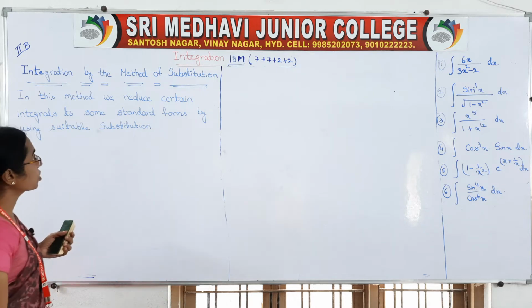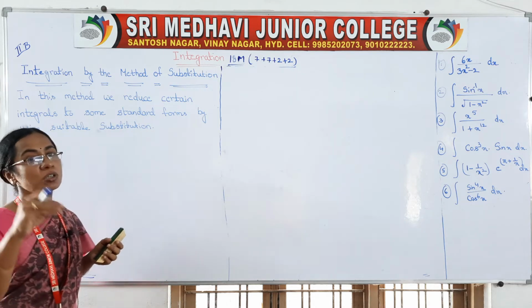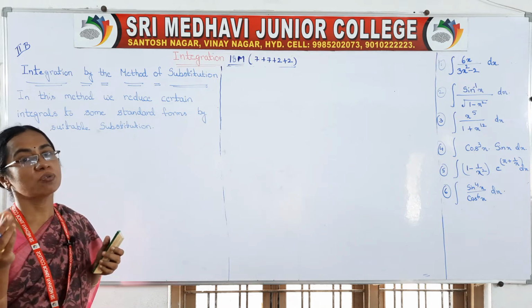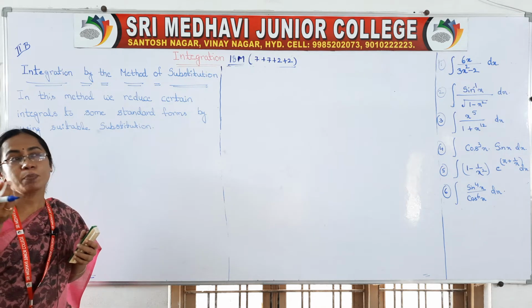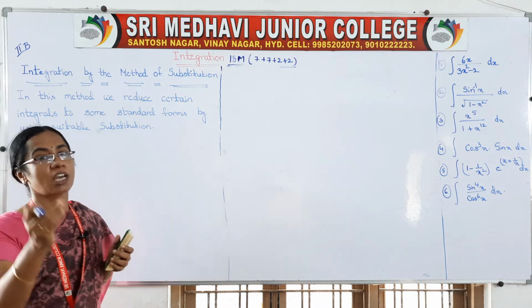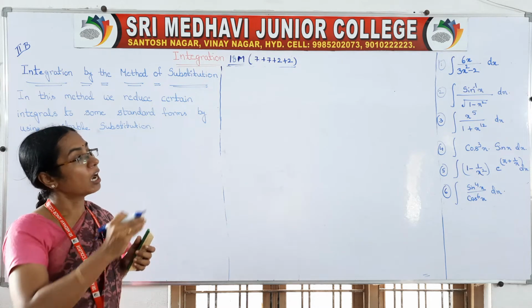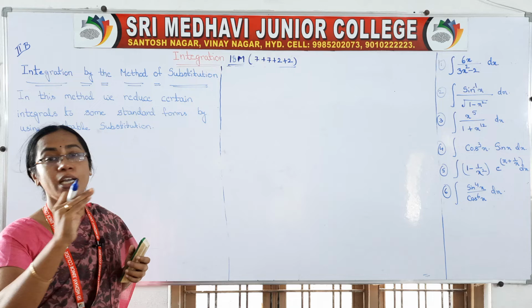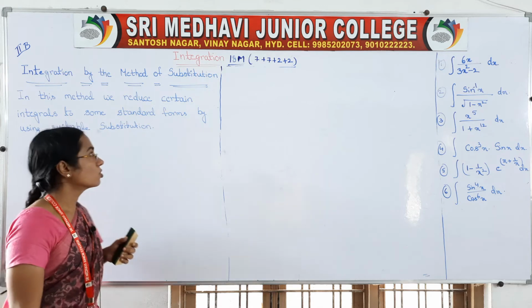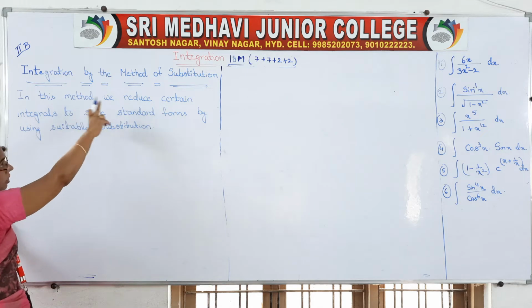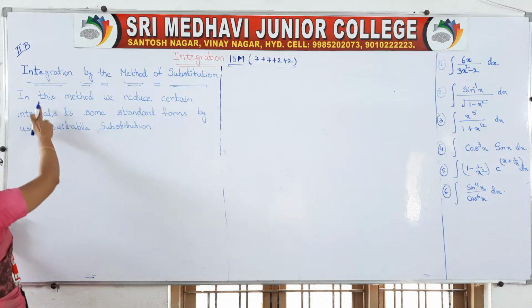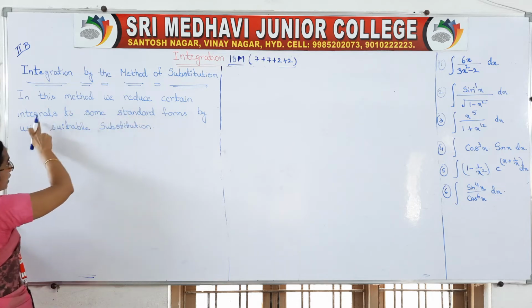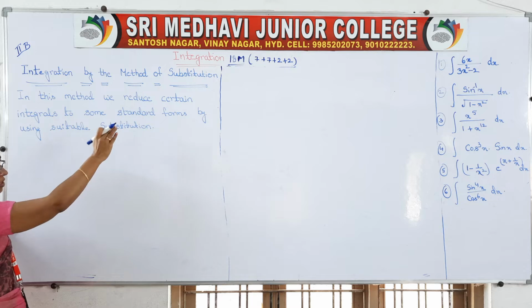What does substitution mean? In that question, in place of one value we will substitute another value, so that our entire problem will be in our standard form. Okay, so see, integration by the method of substitution. In this method we reduce certain integrals to some standard forms.